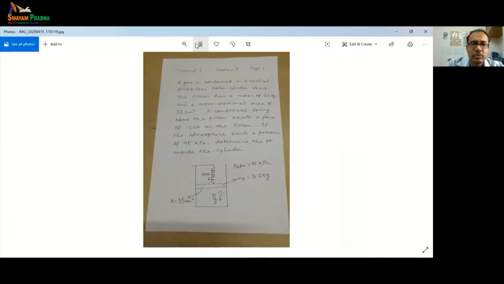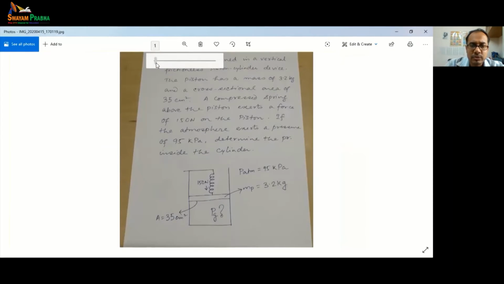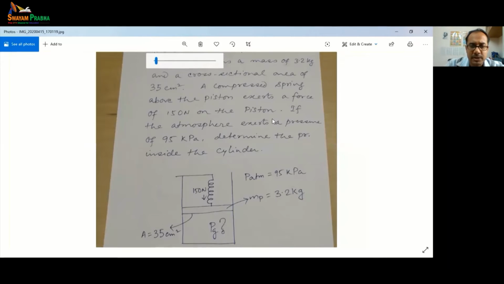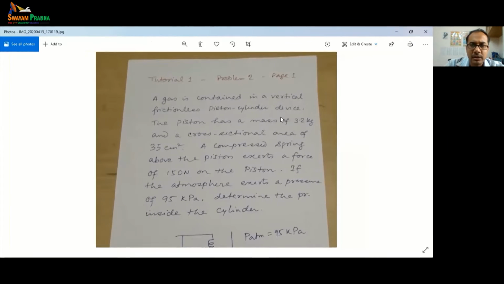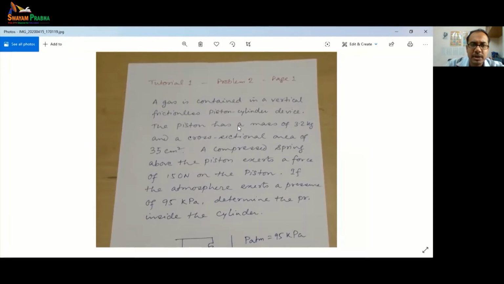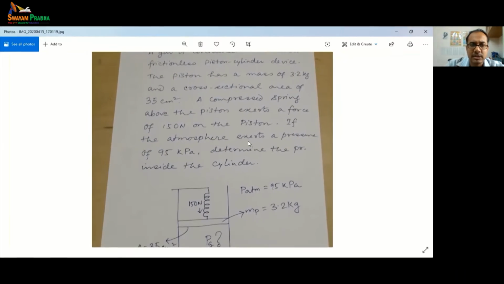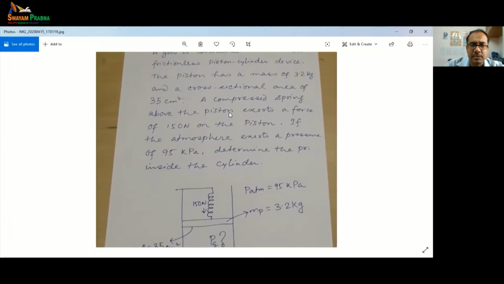Okay, so let's go to the next problem, where we are going to use similar concepts of gauge pressure, but now with a little more involvement than a simple manometer. The problem statement here is: a gas is contained in a vertical frictionless piston cylinder device. The piston has a mass of 3.2 kg, and the cross-sectional area is given to be 35 centimeter square.